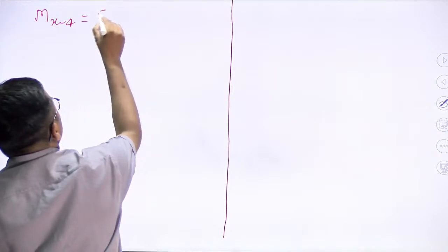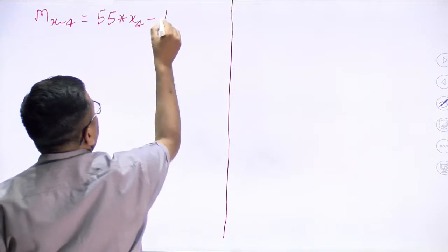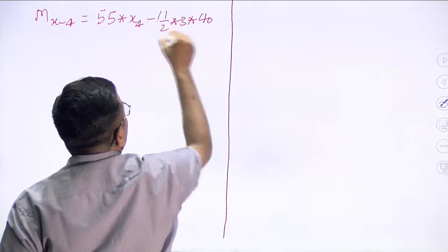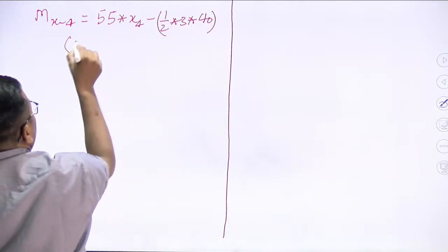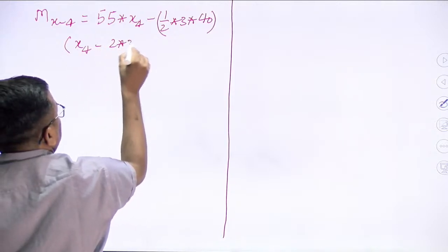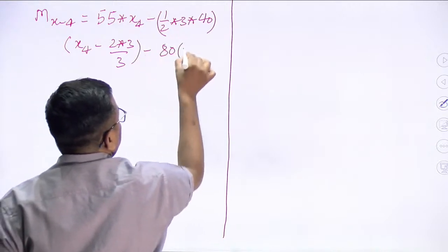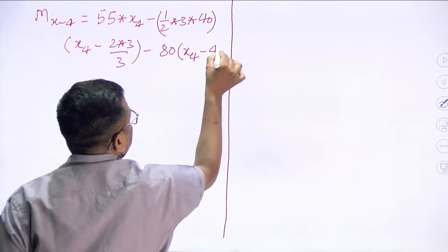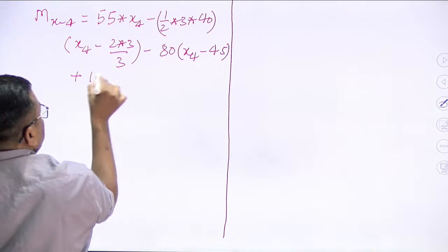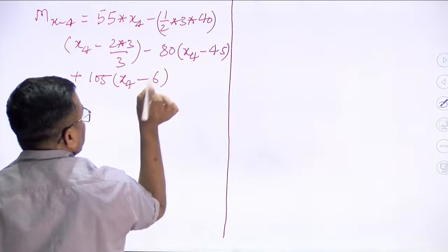Okay, so it is 55 into x4 minus half into 3 into 40. This is the load, and the distance of the load from the section plane is x4 minus 2 into 3 by 3, minus 80 into x4 minus 4.5, plus 105 into x4 minus 6.